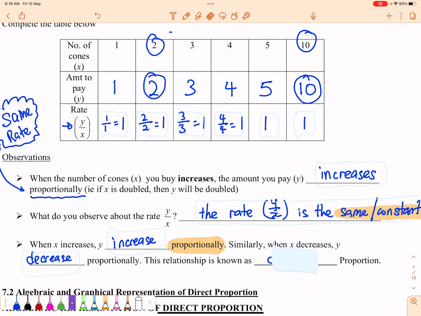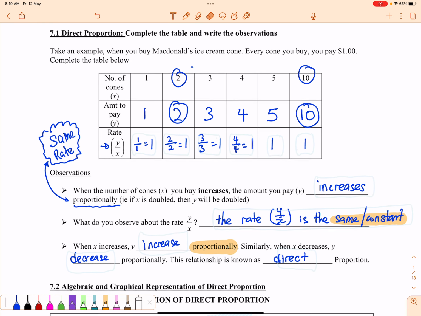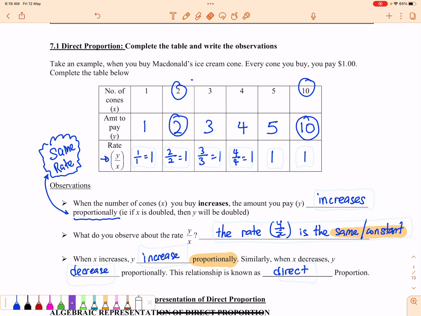So in this case, we call this relationship a direct proportion. Direct proportion means that the rate is a constant. So the same rate here also links to a direct proportion.